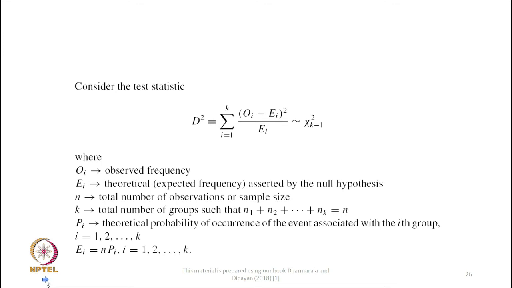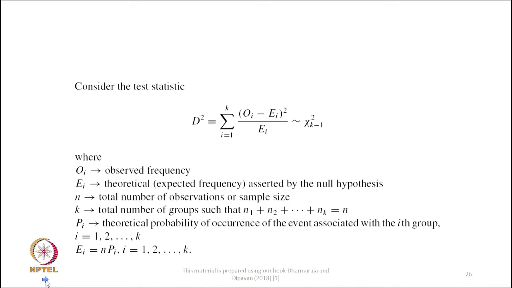So, if you create it in such a way, then that random variable, whenever we use the capital letter, that is a random variable, whenever we use a small letter, that is a value obtained. This random variable follows a chi-square distribution with k minus 1 degrees of freedom. We are summing up k such values and we are concluding k minus 1 is the degrees of freedom.